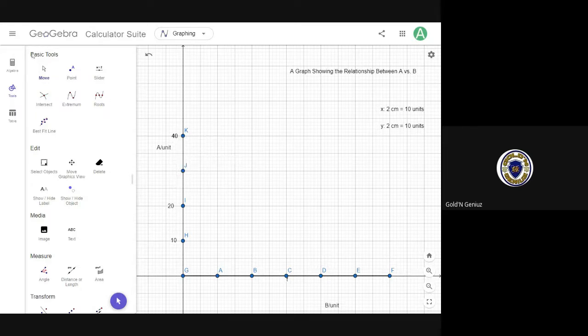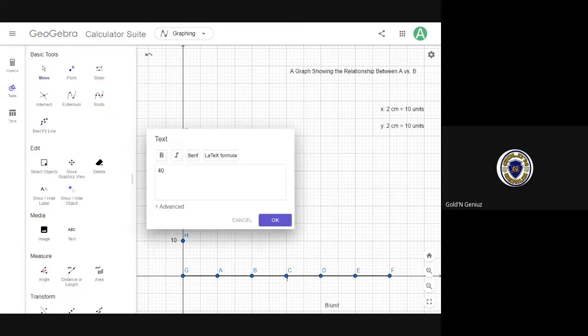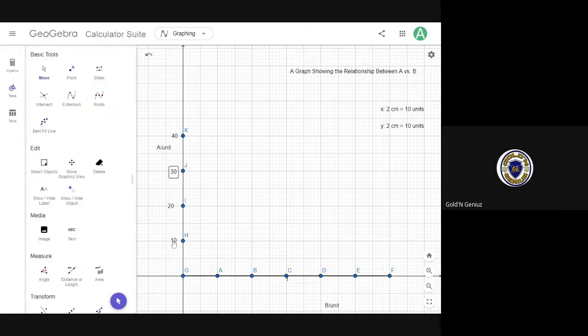Put it down there. Carry that to 30. Alright, so let's do this first. Let's duplicate this.